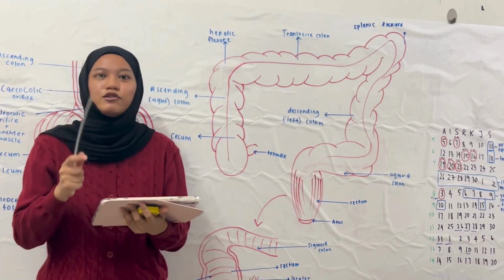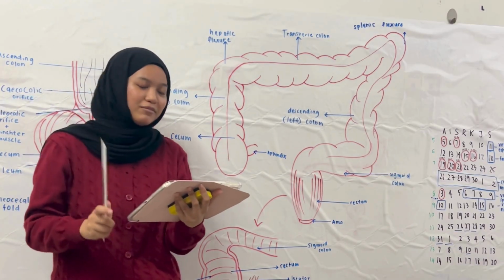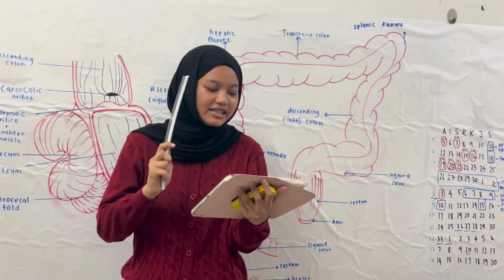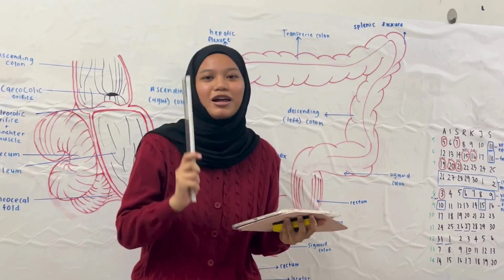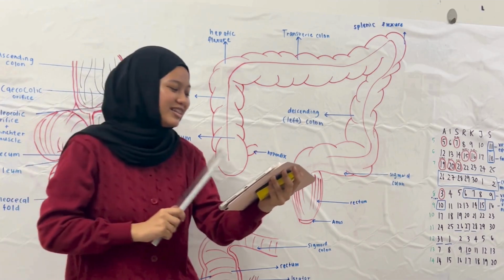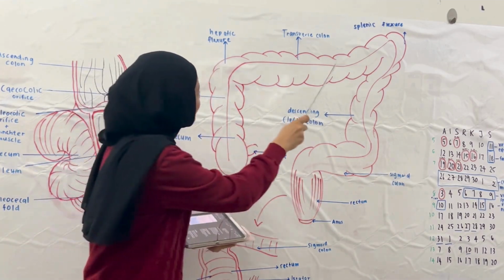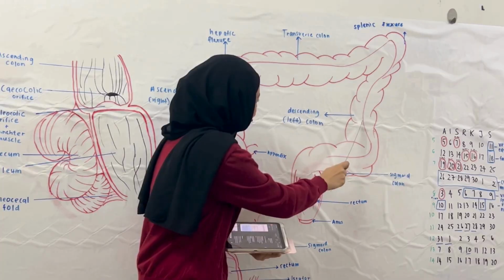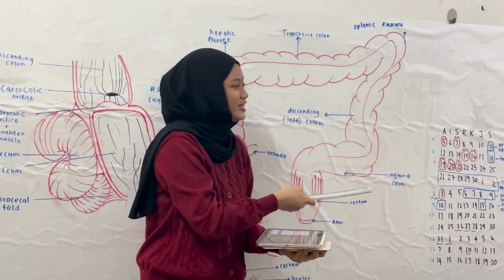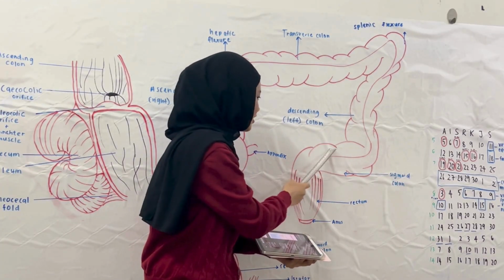The first thing that you need to know for the rectum is that it is the continuation of the descending colon into the pelvis. So what does it mean when it is called the continuation of the descending colon? See here, we have the descending colon and then the rectum. So that's why it's a continuation from the descending colon.